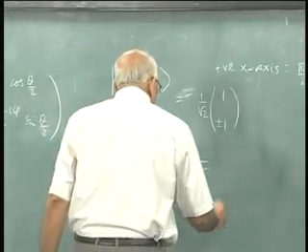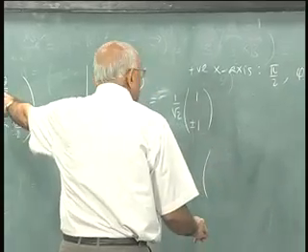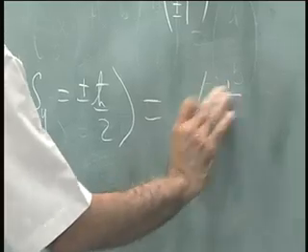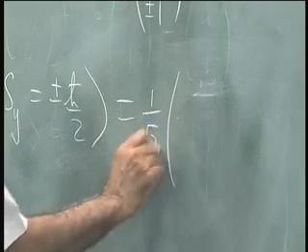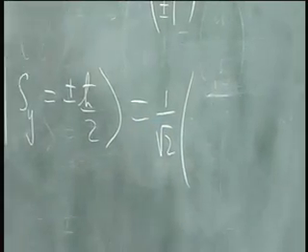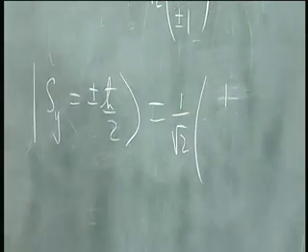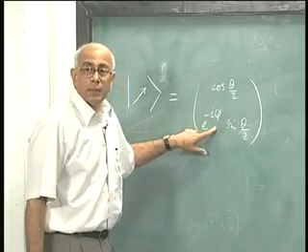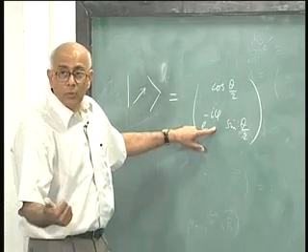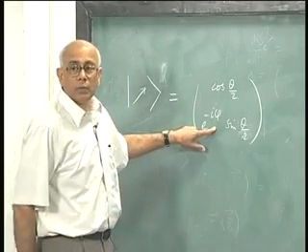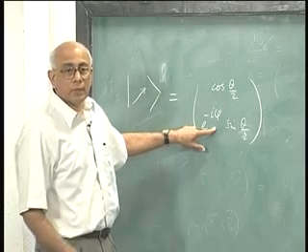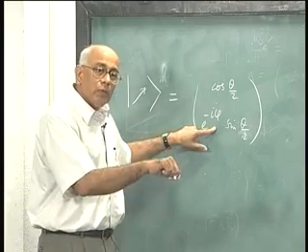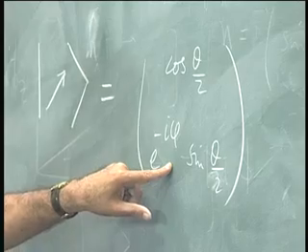So this is equal to cos theta over 2, that is equal to 1 over root 2, which once again comes out always, and then this is a 1, and when phi is equal to pi over 2, it is e to the minus i pi over 2, which is minus i, and e to the minus 3 i pi over 2 is e to the plus i pi over 2, which is plus i.